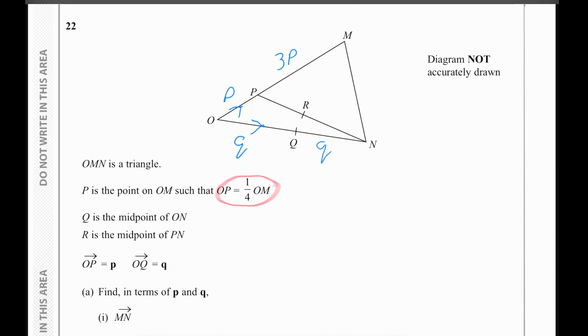So to get M to N, I can't go in this direction because I haven't got those vectors, but if I went down to there, I'm going against the direction, so negative 4p, and then going with the direction through to N, so plus 2q, and that's your answer.